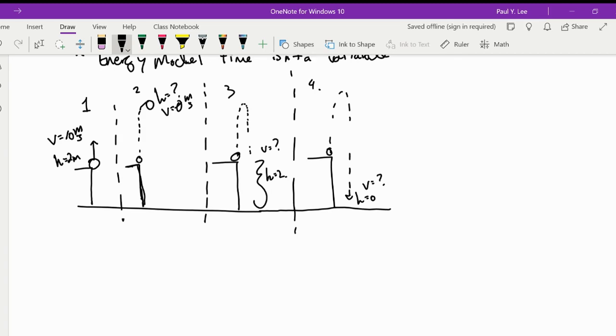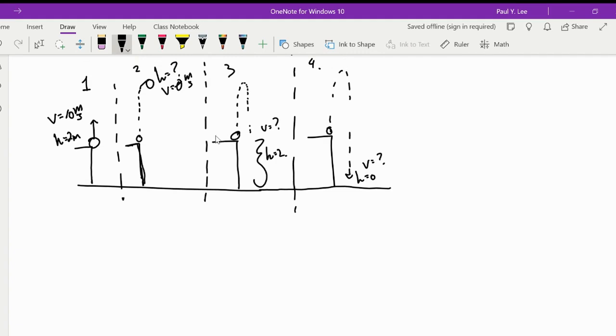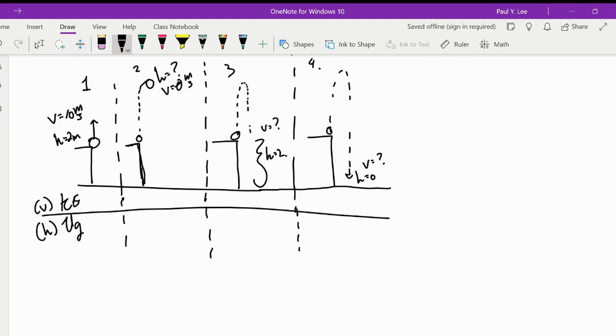All right, so here we have our 4 different scenarios, and looking at the previous video, what I want you to do is identify the types of energy that we start off with. Kinetic energy is velocity dependent, and potential energy, or gravitational potential energy in this case, is height dependent. So I'm writing that there, and let's create a little table just to speed things up. Oh man, that is not a straight line. Let's make it a straight line. There we go.